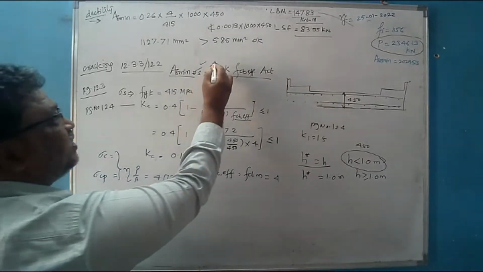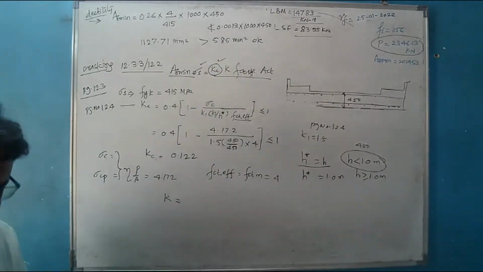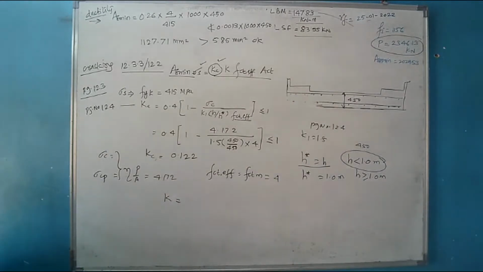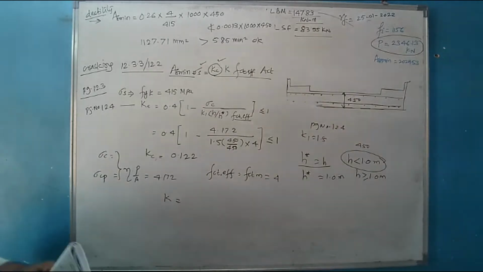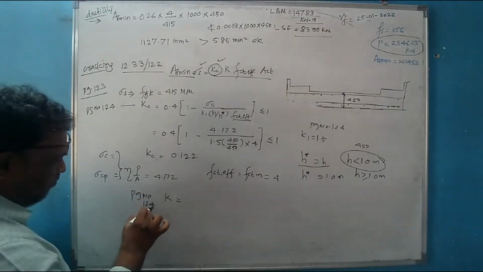What you require next is k. अभी k कितना रहेगा? See, for k अभी हम रेफर करेंगे सेम. वहां पर नोटेशन सब डिफाइन किया है. Please refer here k, page number 124.